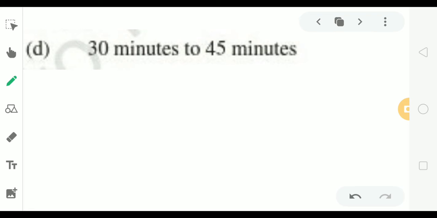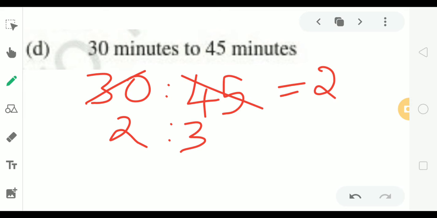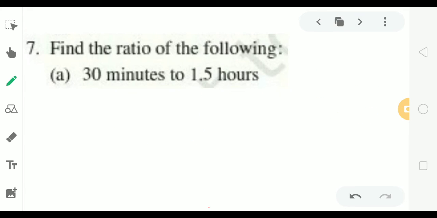Next, 30 minutes to 45 minutes. So here we write 30:45. Both are divisible by the 15 table. 15 table, 30 is 2 times, 45 is 3 times. So the ratio is 2:3. The next one, find the ratio of the following. Here you see two numbers are in different units.